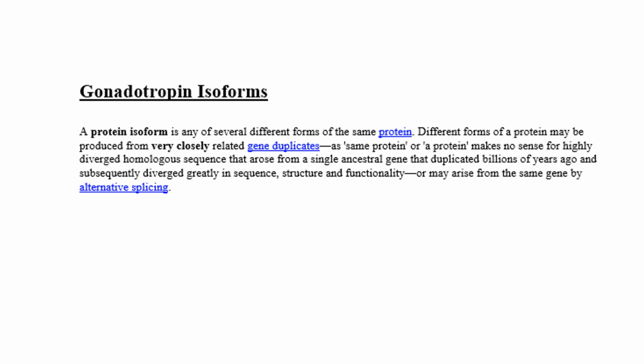Okay? So you have to be aware that there exists isoforms of protein hormones. There's no such thing as isoforms of steroid hormones, but there is such a thing as isoforms of protein hormones like LH and FSH.